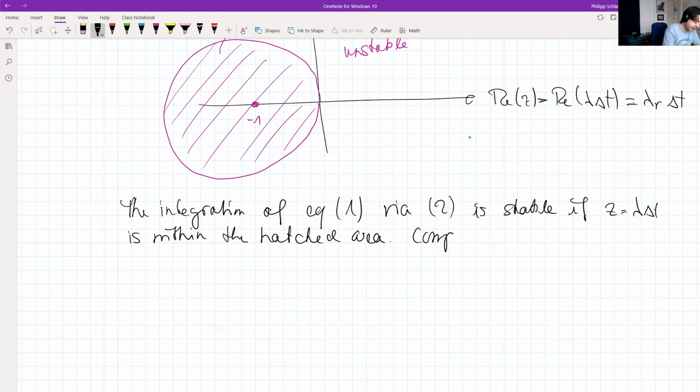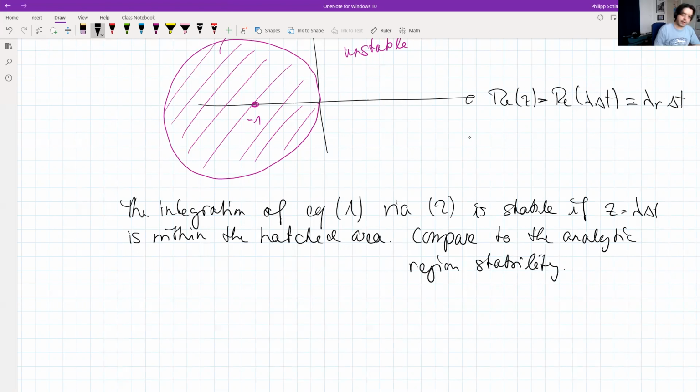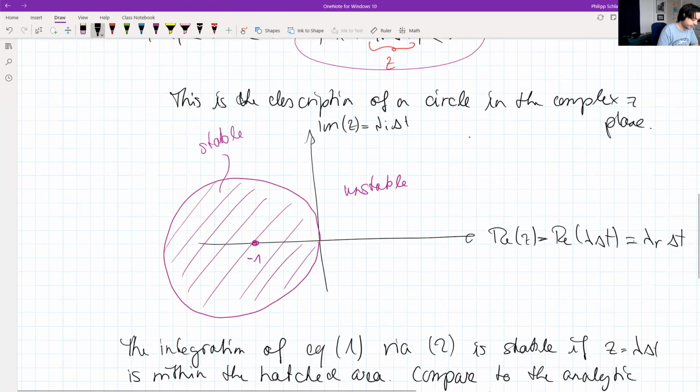Of course, that's now interesting also to compare to the analytical region of stability that we have computed yesterday. But let's first analyze this for a second.